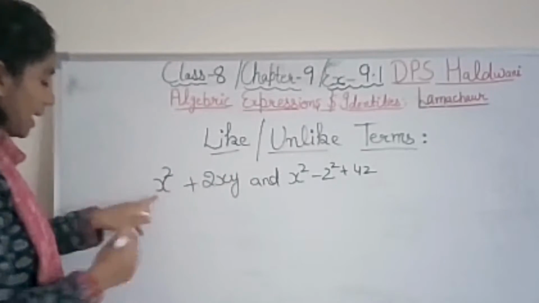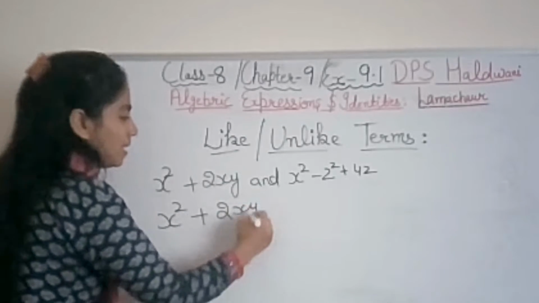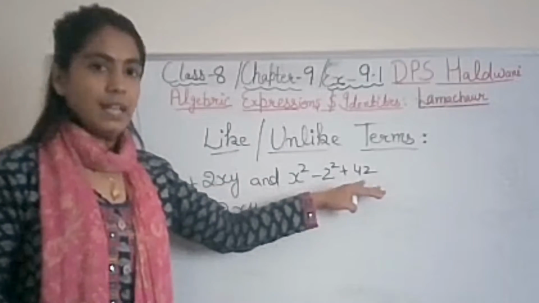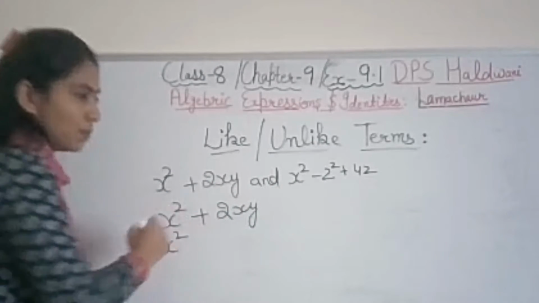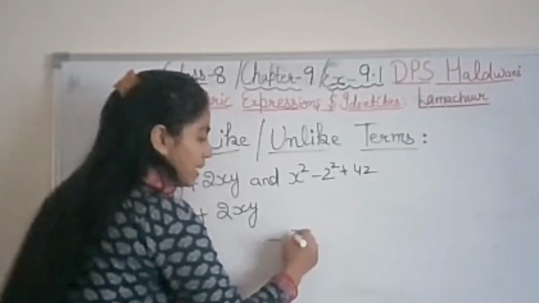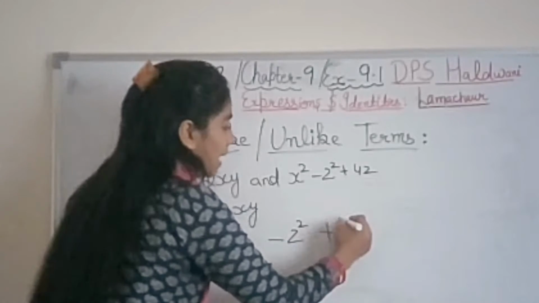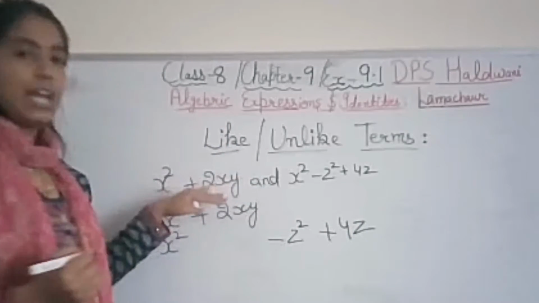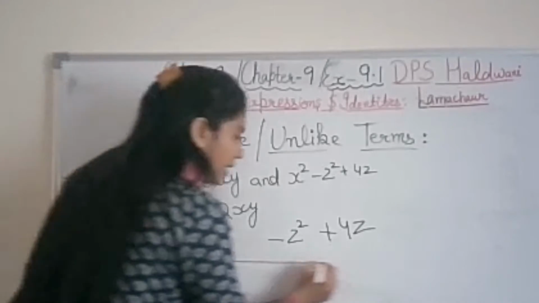Let's see. x square plus 2xy. This you will add with this. Now what do you have? x square, so it will come under the x square. z square, no, so minus z square is different, and then plus 4z. Again it's an unlike term, no like term in this expression. So how will you add?